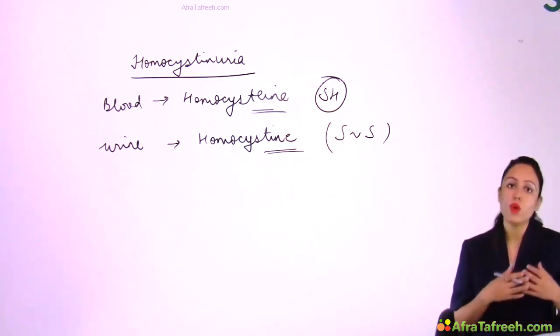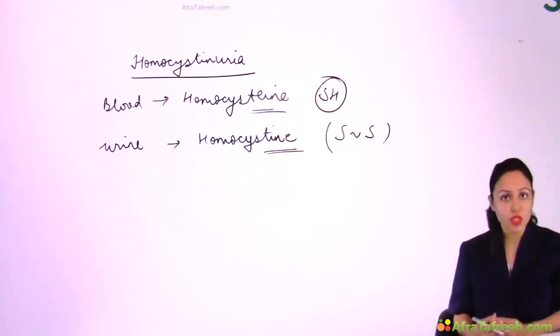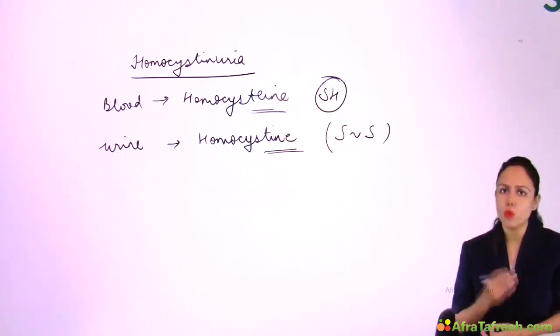In homocystinuria, homocystine is there in urine, homocysteine is there in blood. And I told you this homocysteine is a very dangerous compound. How is it dangerous?